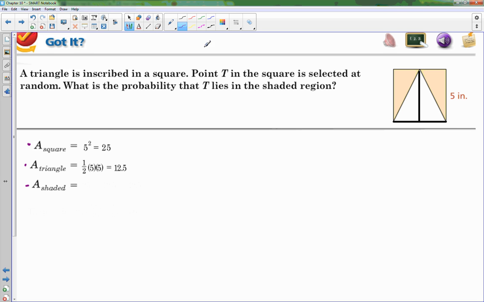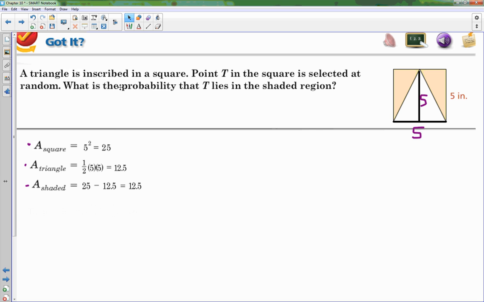So our base is 5, and our height was 5. So 1/2 base times height is 12.5. And then the area of the shaded region is the 2 subtracted, the square minus the triangle. 25 minus 12.5 is 12.5.